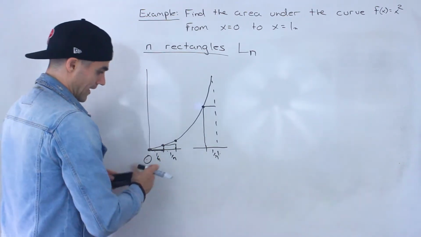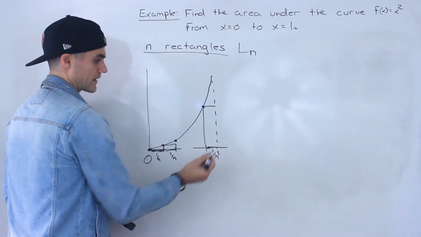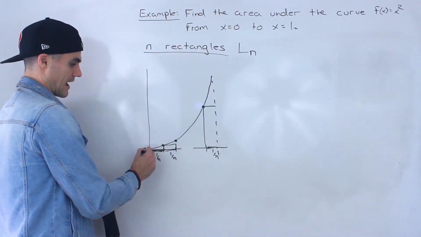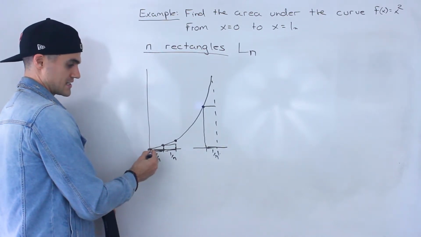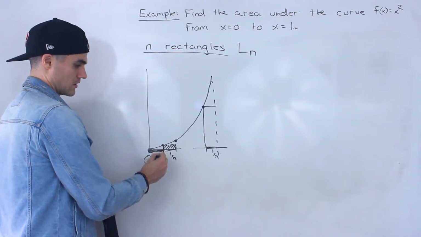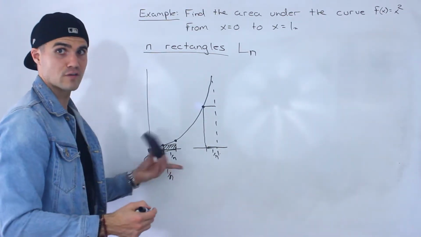So 1 over n is the length of each rectangle. Notice that the height of the first rectangle is going to be 0. What's the height of this second rectangle going to be? Well, this x value here is 1 over n, so it's going to be f of 1 over n.